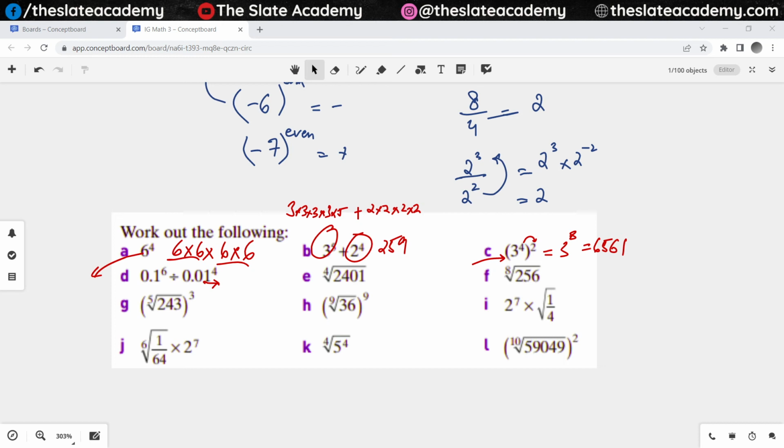Acha ji, then we have got 2401. So we know how to write the 4th root.